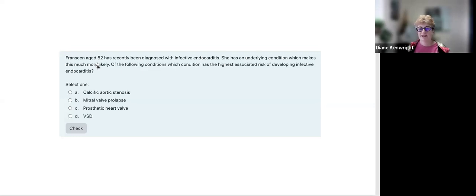Okay. Oh, I've just given you the answer to the question. Which of the following conditions is associated with the highest risk of infective endocarditis? The answer is prosthetic heart valve. So all these things can have an increased risk of infective endocarditis, but prosthetic heart valve is the most common.